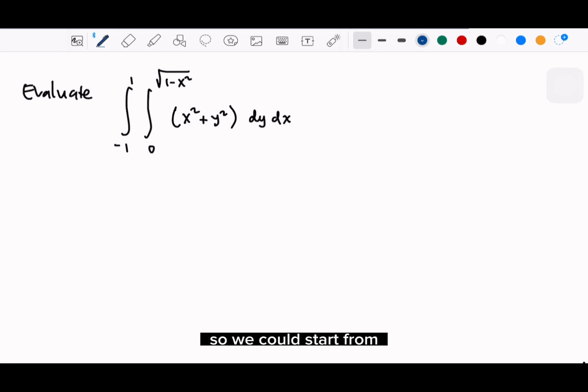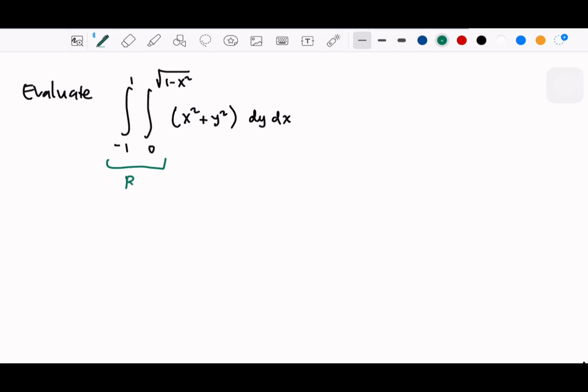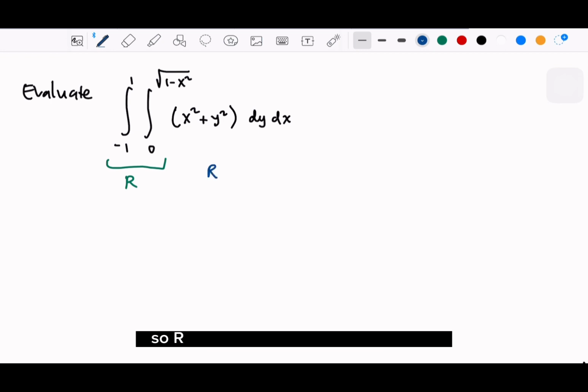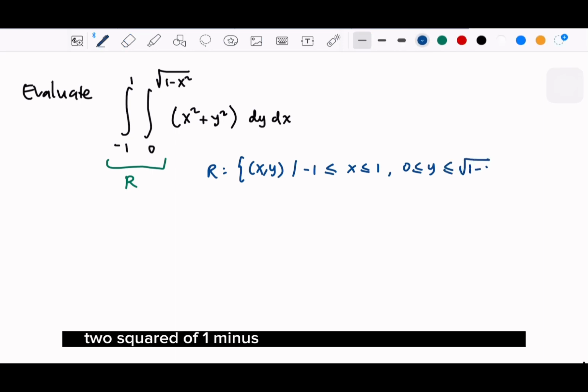So we could start from defining this region. Okay, so x is -1 to 1, right? So we can define the region first, taking the xy: x is from -1 to 1, and y is from 0 to square root of 1 minus x squared.